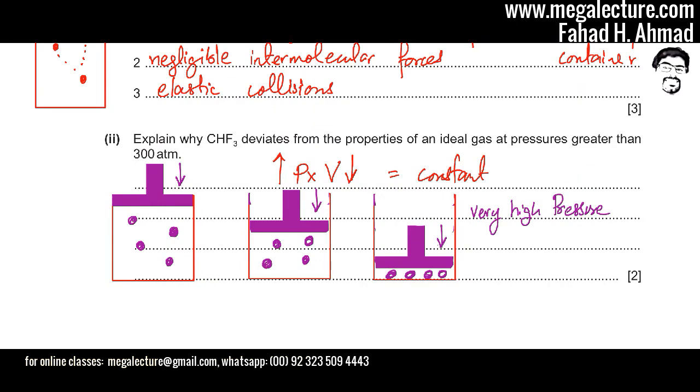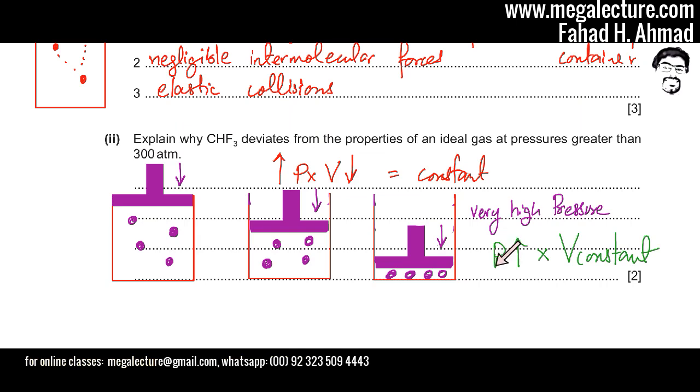Beyond that point, you keep on increasing pressure, no matter how much downward force you apply, but the volume is going to remain constant. The gas becomes incompressible beyond a certain point.